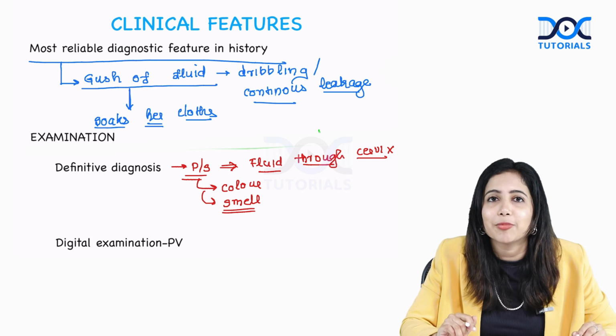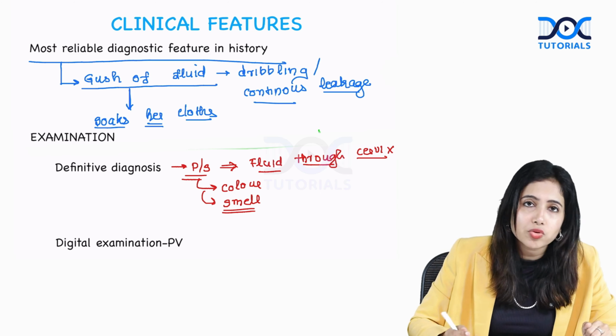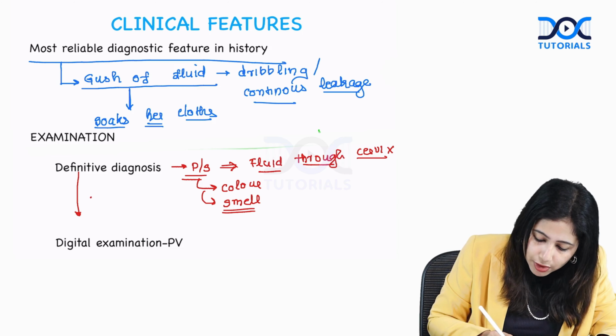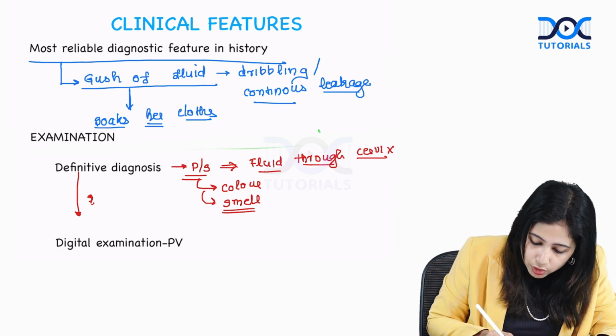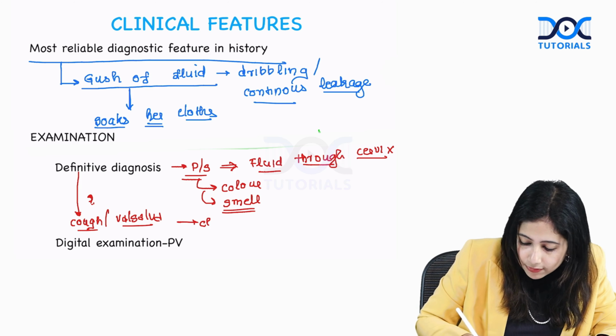A red colored amniotic fluid could be suggestive of abruptio placentae. Suppose it is inconclusive, if you are doubtful, you will ask the patient to cough or perform a Valsalva maneuver and again check for leaking.